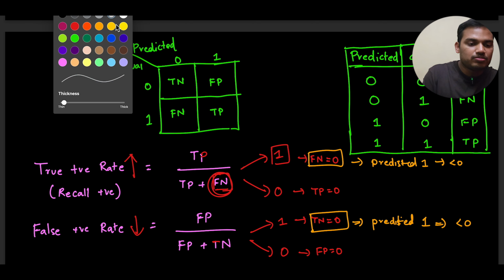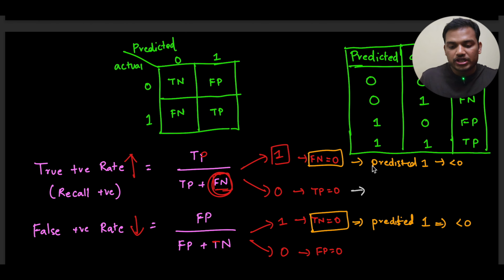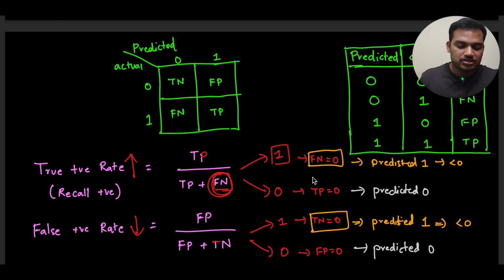And similarly, if you want to make true positives and false positives 0, then what can we do? We can make the model in such a way that the predicted value is always 0. If we make the predicted value 0 always, then there is no chance that the model has true positives or false positives.